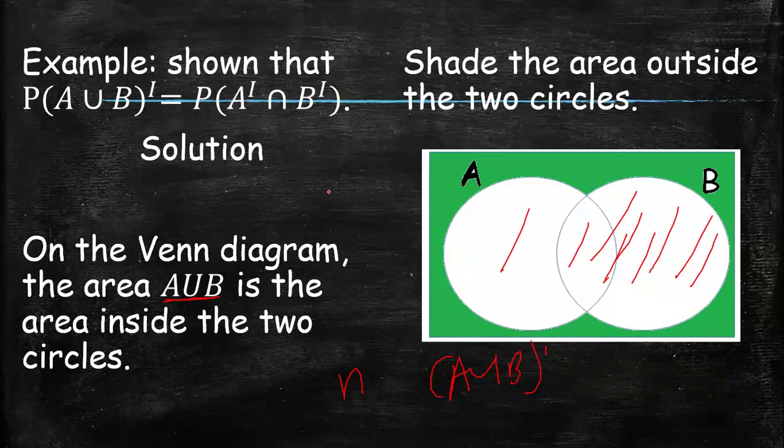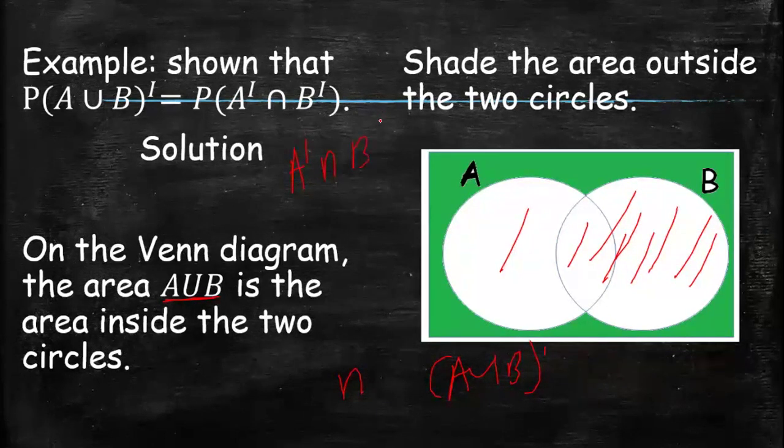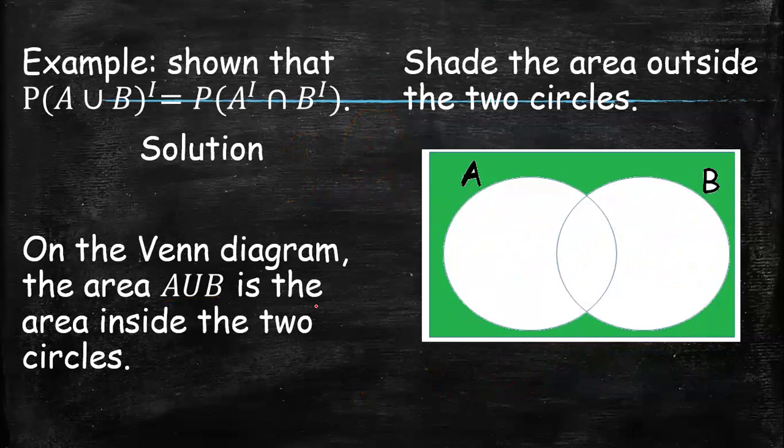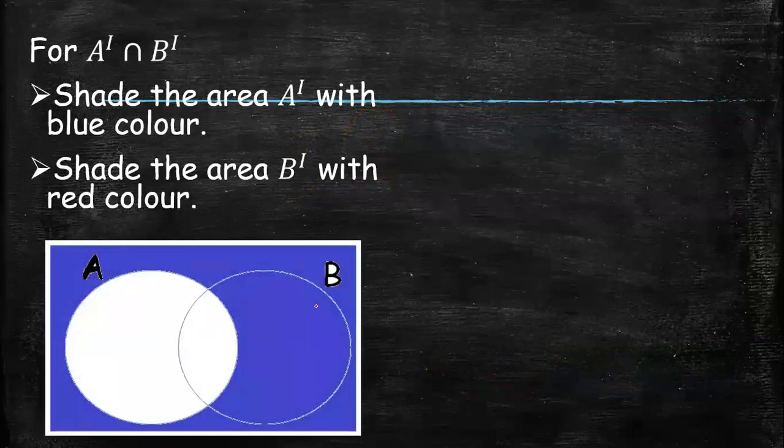And then we go ahead to illustrate A complement intersection B complement using shading. We first shade A complement, and then we shade B complement, and this intersection means we look for an area where these two appear together. So this is the area which shows A complement.